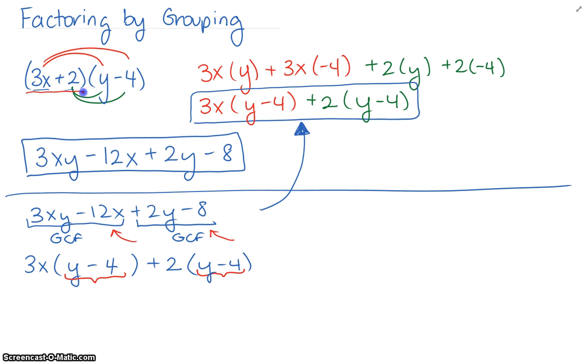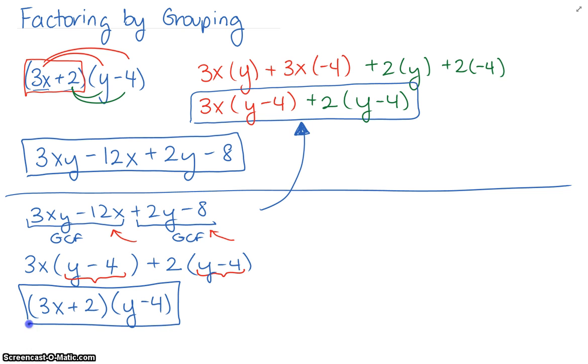Because we're distributing this entire first binomial to everything in the second binomial, we need to have the exact same binomial in the brackets. As a result, we can work backwards and say it's going to be 3x times this bracket plus 2 times this bracket. So 3x and 2 will form its own binomial. The y minus 4 is what it's being distributed to get us to our factored form.